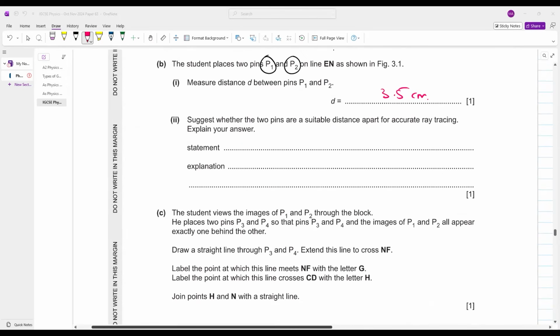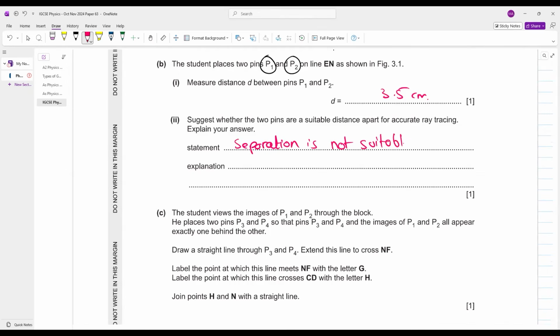No. The separation is not suitable. Why? Because the pins should be as large as possible apart. The pins should be at least 5 centimeters apart. The separation should be as large as possible. So the separation is not suitable, you can say. Separation is not suitable.